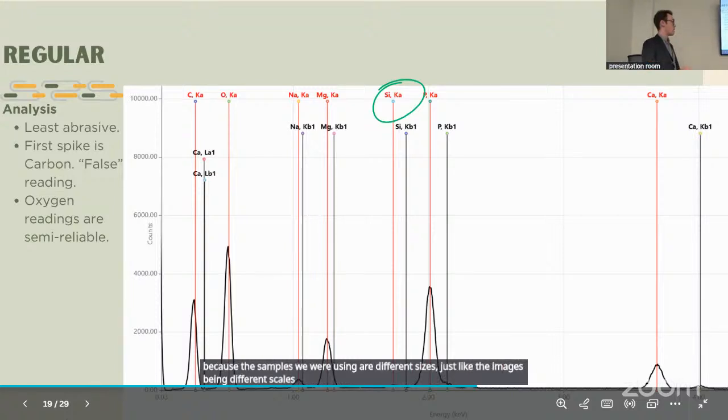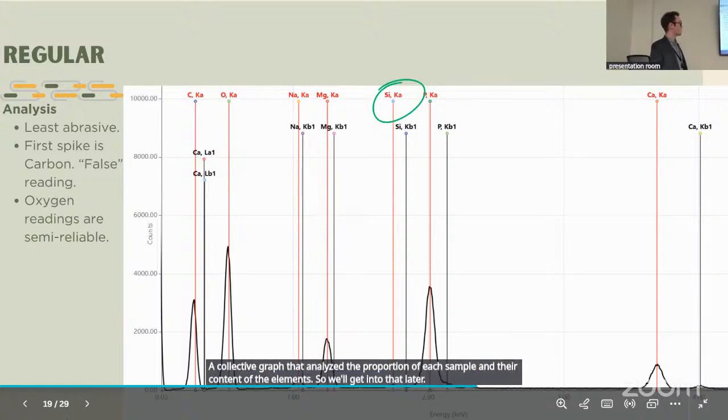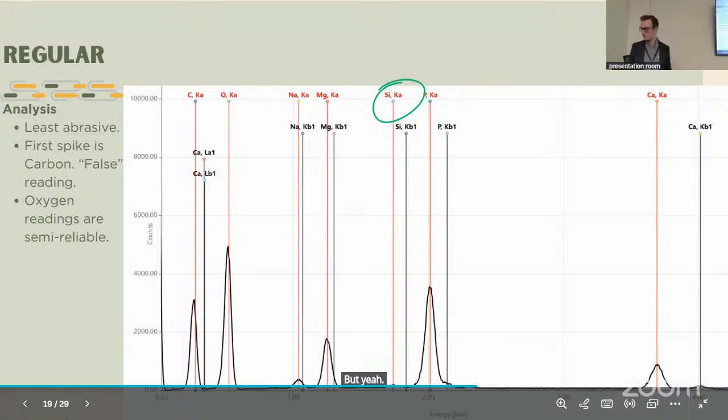So we had to keep that in mind and use a collective graph that analyzed the proportion of each sample and their content of the elements. We'll get into that later, but for now we'll continue on to the next slide.